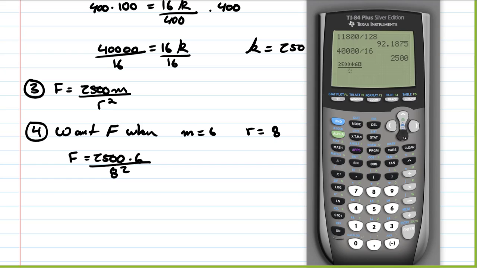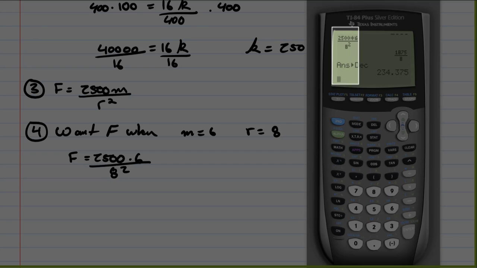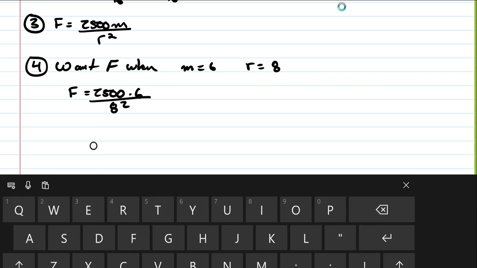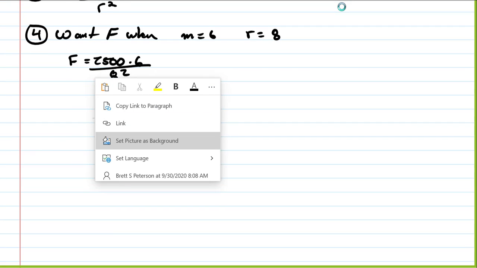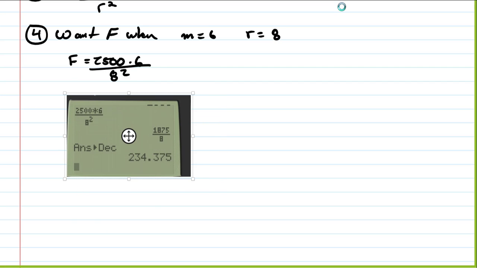That gives us 15,000 over 64, but we want a decimal. So we get the force is 234.375 newtons.